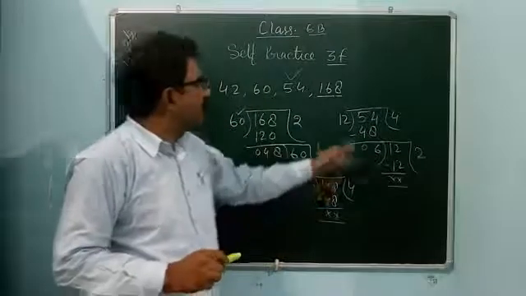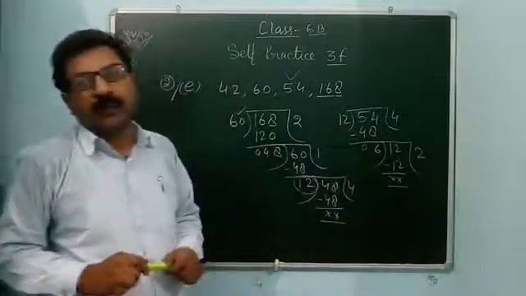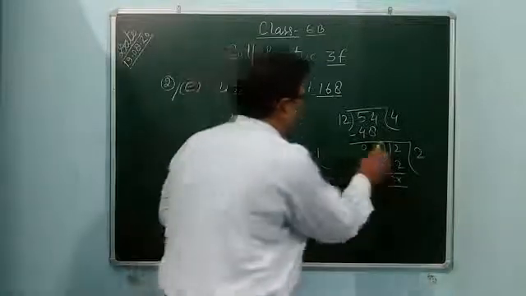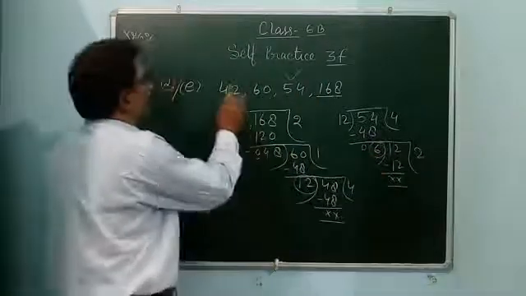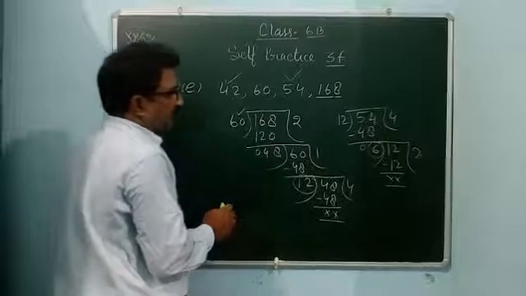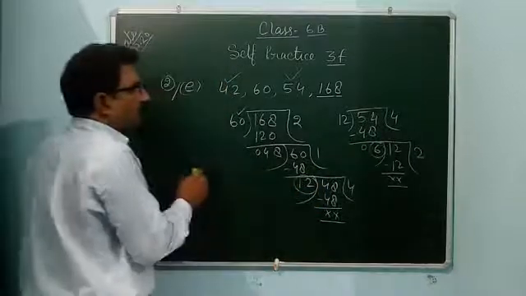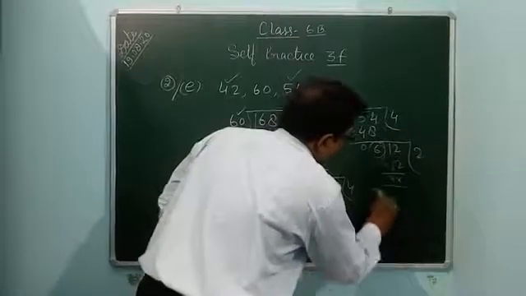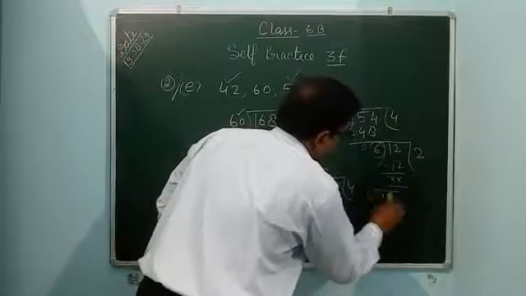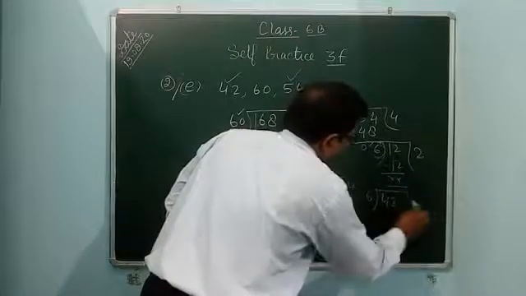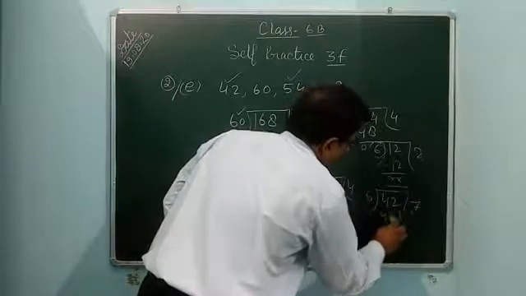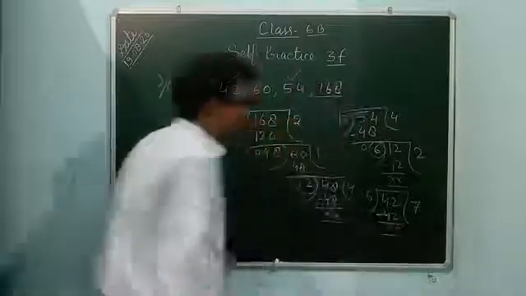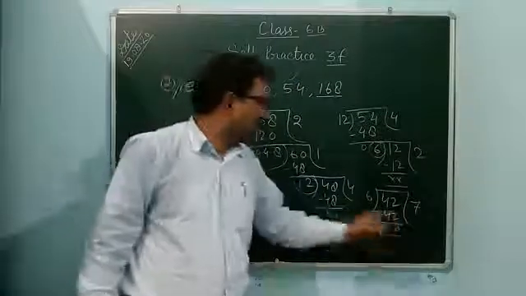6 divides 54. After that, the last remaining number, 42, you divide by 6. 6 sevens are 42. The remainder is 0.